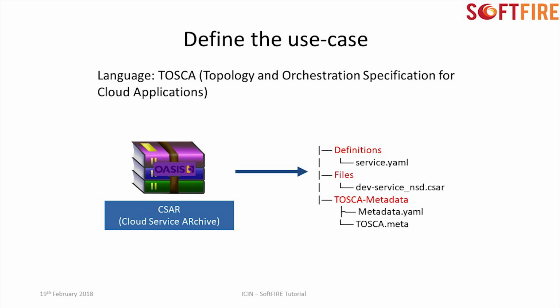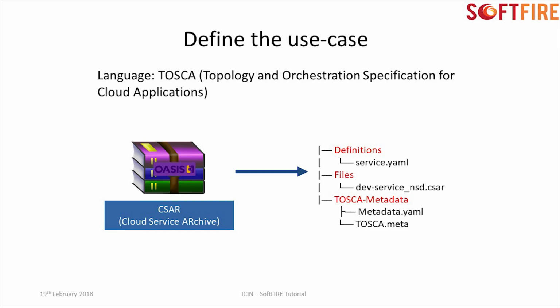We can see that this archive contains 3 directories: the definition directory. Inside we have a .yaml file that represents the actual experiment definition. We have the files directory that will contain some files required by the experiment.